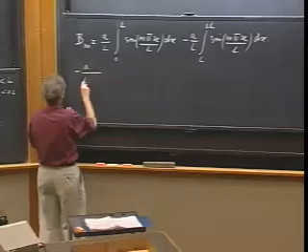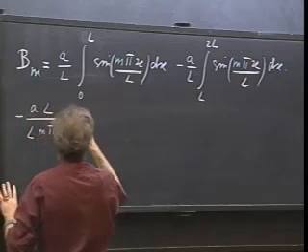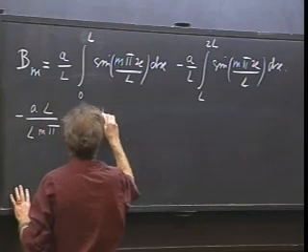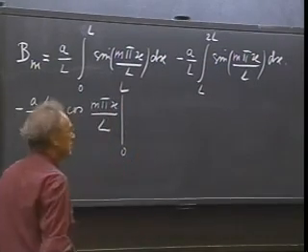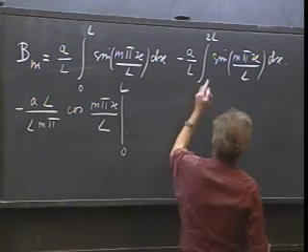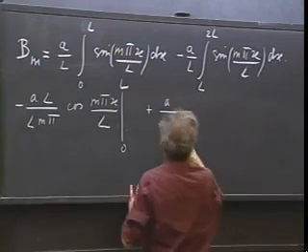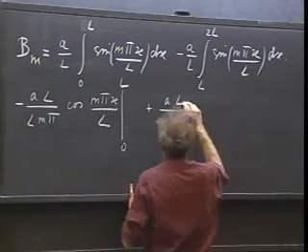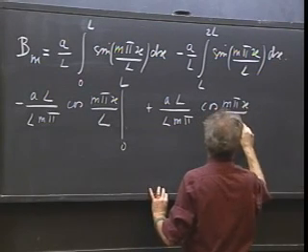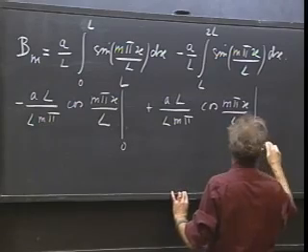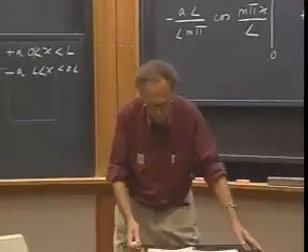So I get an A divided by L out, and I get m pi downstairs and L upstairs, and then the cosine of m pi x over L, and I have to evaluate that between 0 and L. And here I get a minus sign out, so I get plus A divided by L, m pi downstairs, L upstairs, and then the cosine of m pi x divided by L, and I have to evaluate that between L and 2L. That's all I have to do. That is the integral, a very simple one.